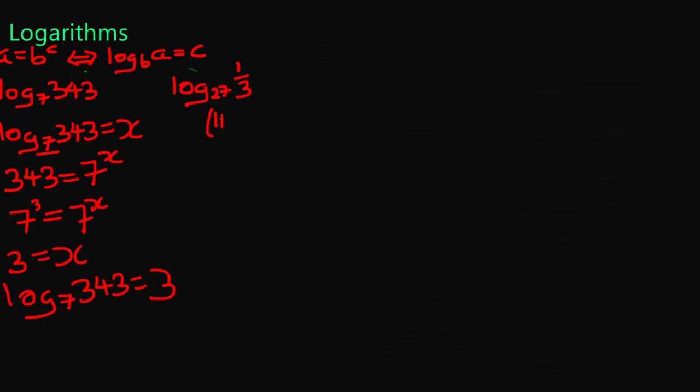Alright, so now for the second question, we have the one up here, so we'll write it out again. Log base 27 of 1 over 3 is equal to x. So 1 over 3 is equal to 27 to the power of x. Very good.